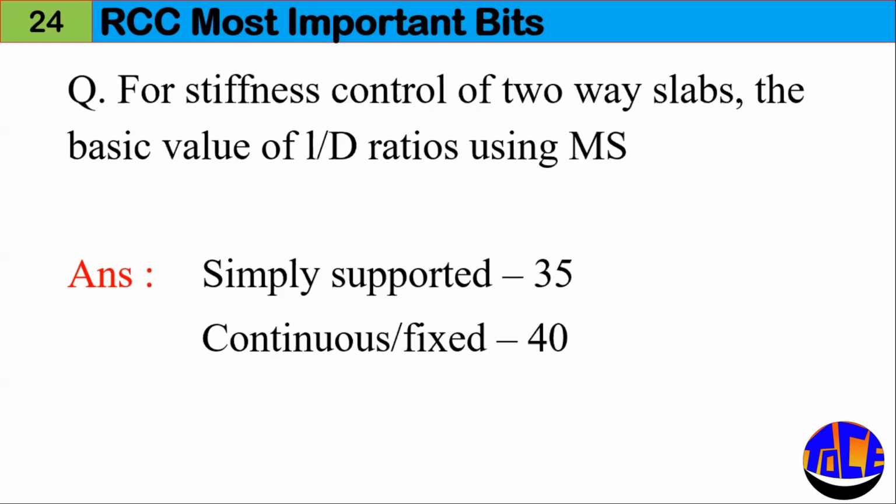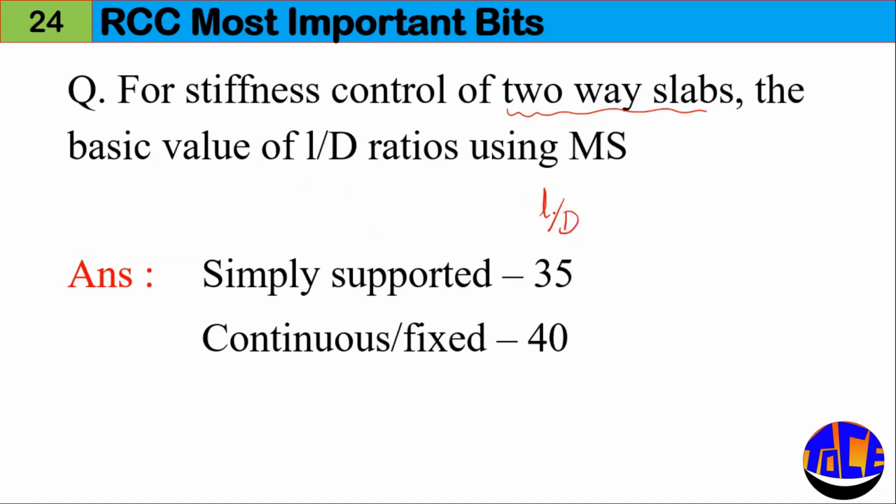Question number 24. For stiffness control of two-way slabs, the basic value of L by D ratios using MS. This is for two-way slabs. Initially we have seen for one-way slabs or for beams. For two-way slabs, you will have a different set of values, and these values are for L by overall depth.